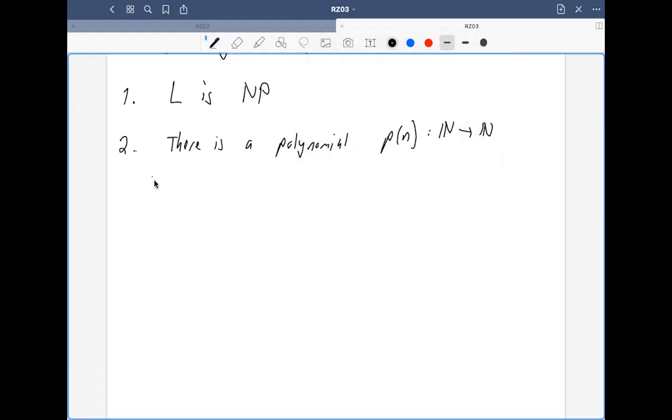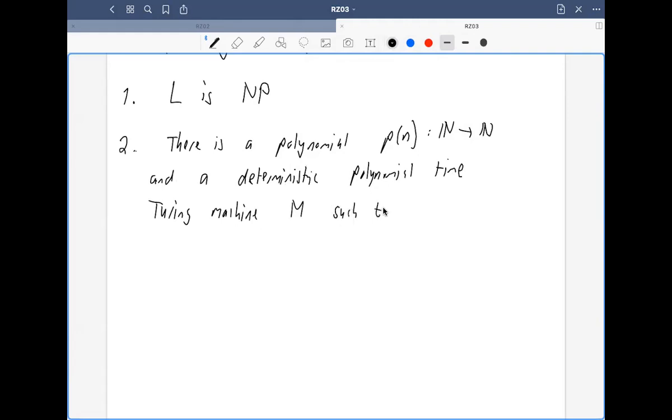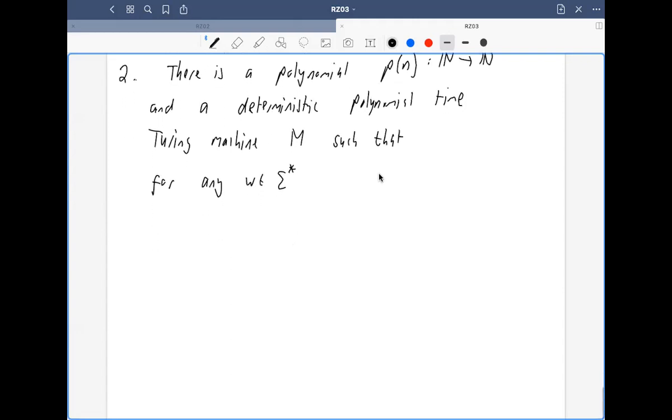So there's a polynomial and a deterministic polynomial time Turing machine M such that for any input in the input language, the following are equivalent.